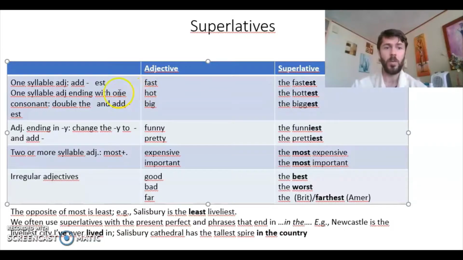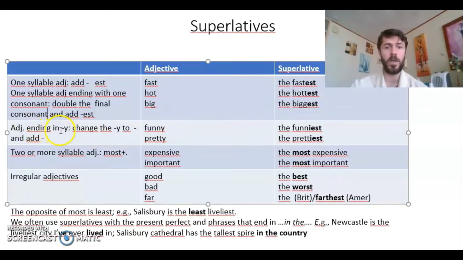So one syllable adjectives ending with one consonant, what do we double? We got TT, GG. So we double the final consonant and add EST. So we've got the fastest, the hottest, the biggest.